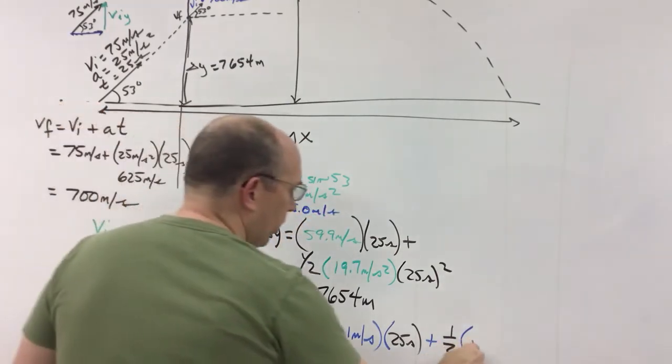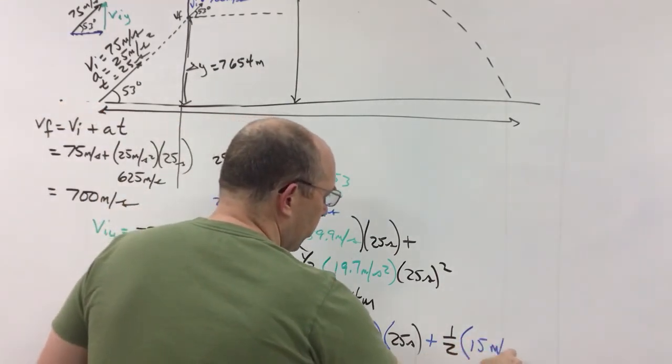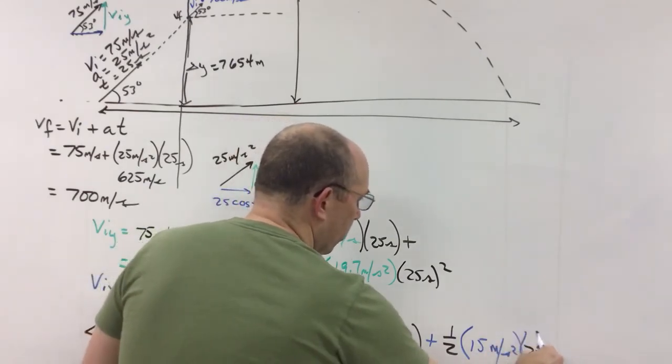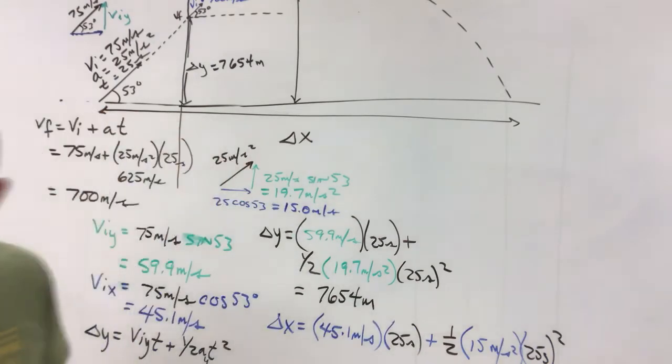Okay, so that's 15.0 meters per second squared times my time of 25 seconds squared.